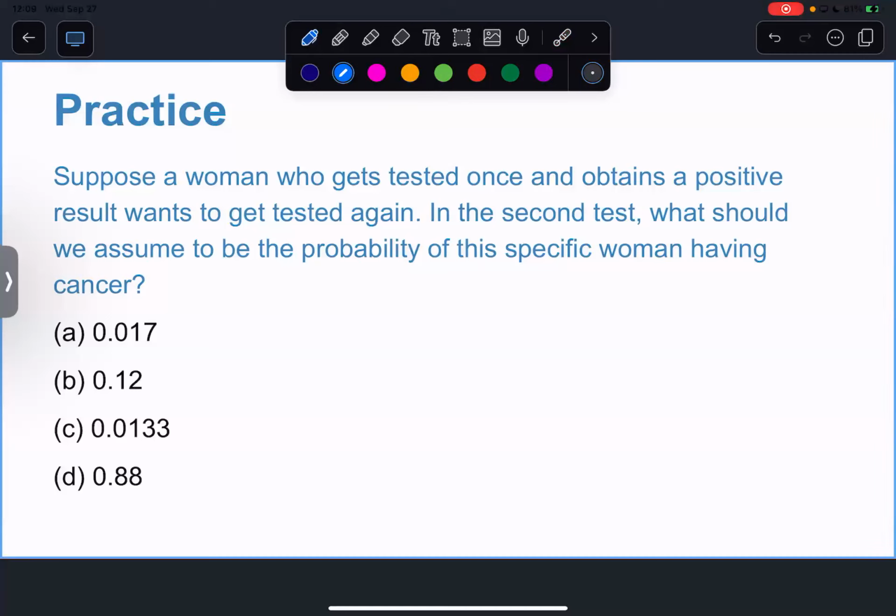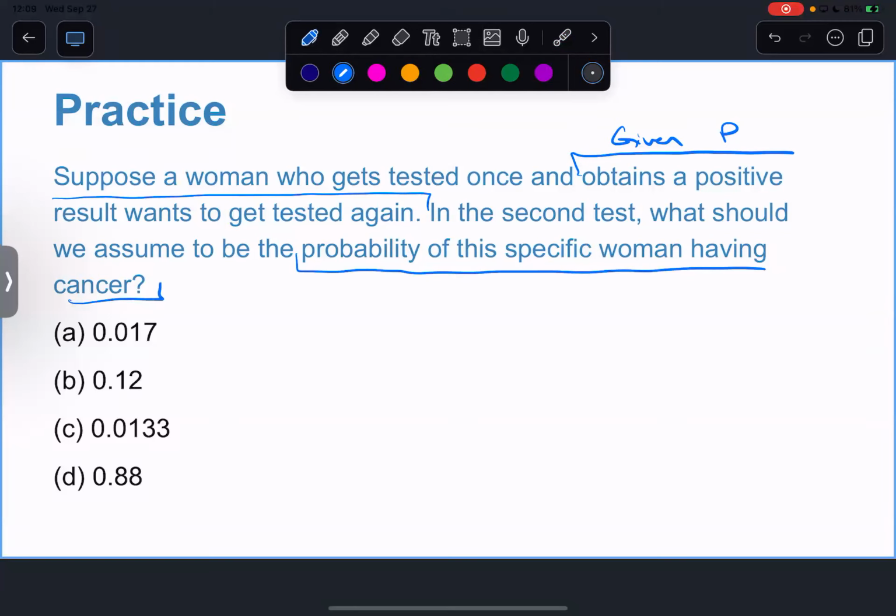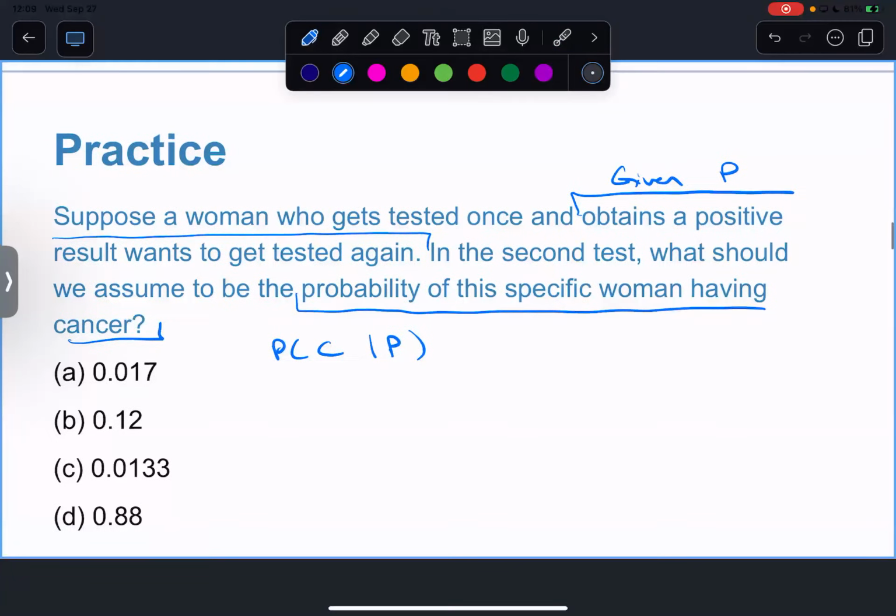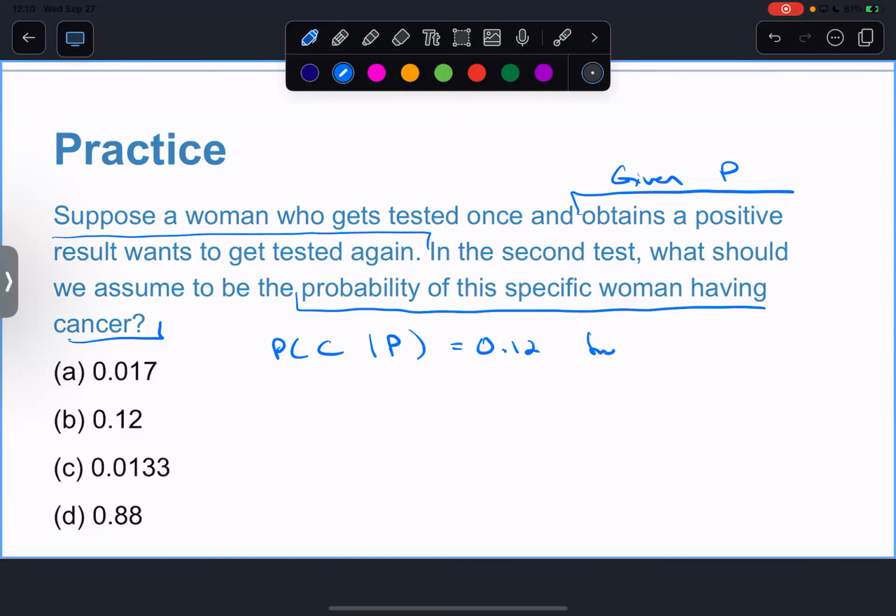So we know that they tested positive. So given P, what's the probability of C, right? P of C given P, which we just found was 0.12 from earlier, right?